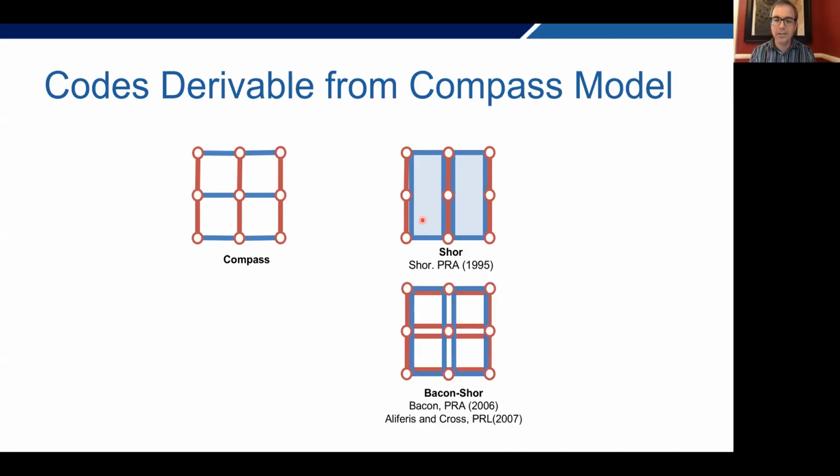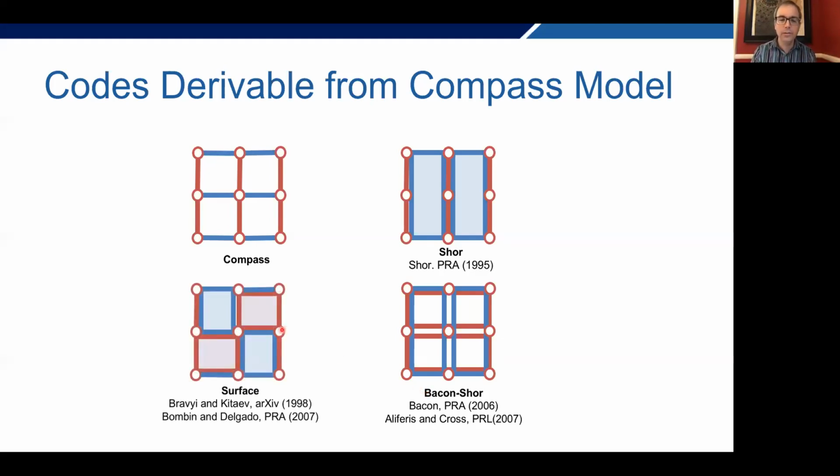This, of course, naturally follows for Bacon-Shor, where we just make sure that everything's symmetrized. And we have a subsystem code where there's a few extra gauges which are left to float around. And of course, the rotated surface code also directly follows where we just make a different choice of how these different gauges go together to form stabilizers.